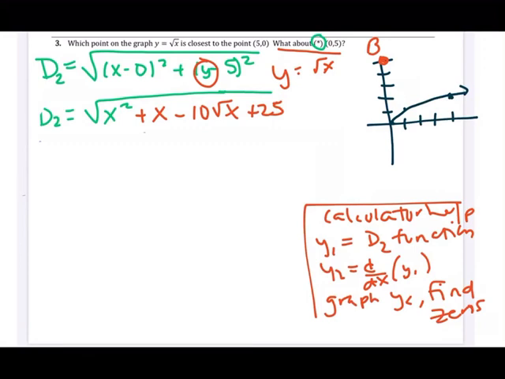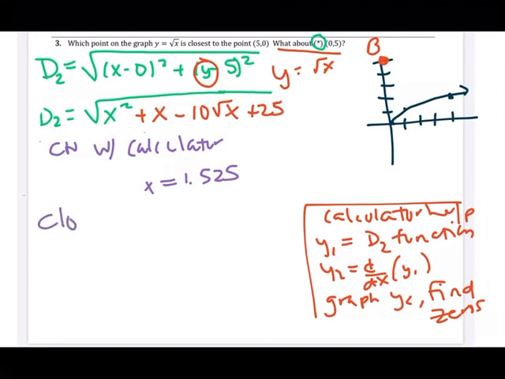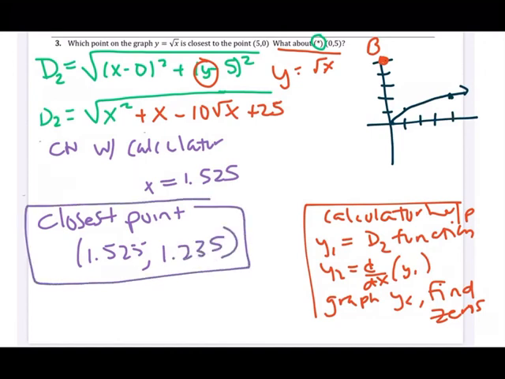So using a calculator, we can find our critical numbers, and I'm just going to tell you that we get that x equals 1.525 as our critical value. So that means the closest point on the curve y equals the square root of x to the point (0, 5) has x value 1.525. And then if I plug that into the function, I'm going to get 1.235 as my y value. So that's going to give you the closest point.